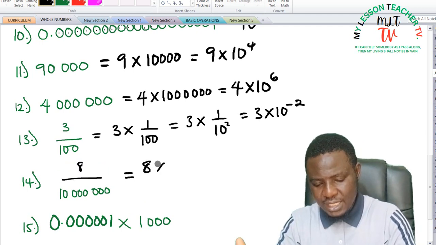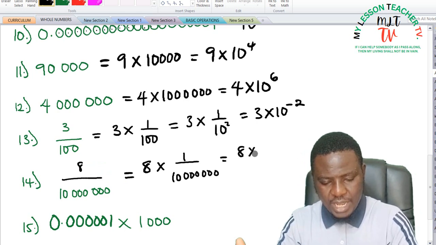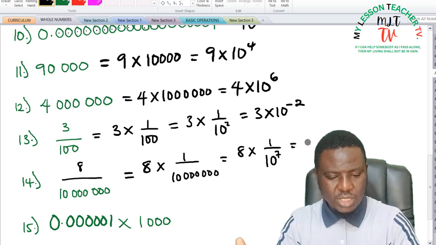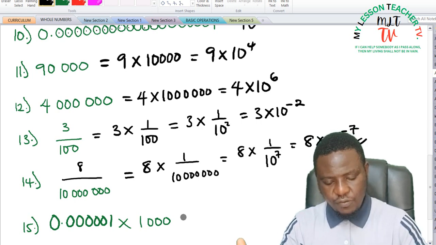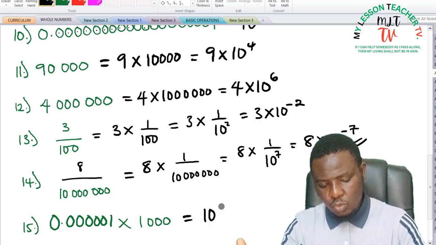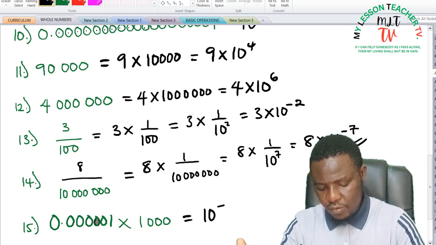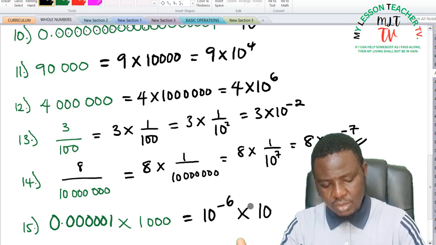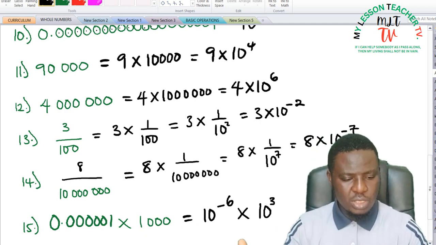So we have it as 8 times 1 divided by 10 million, which is equal to 8 times 1 divided by 10 to the power 7, which is equal to 8 times 10 to the power minus 7. 15 can be expressed as 10 to the power minus 6 times 10 to the power 3. So this is how to express these numbers.